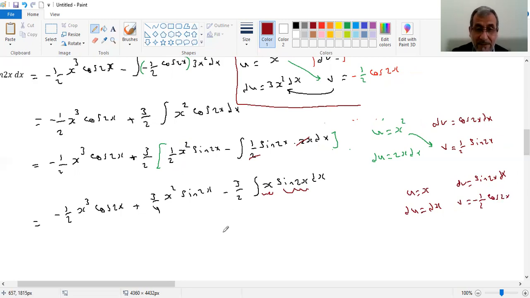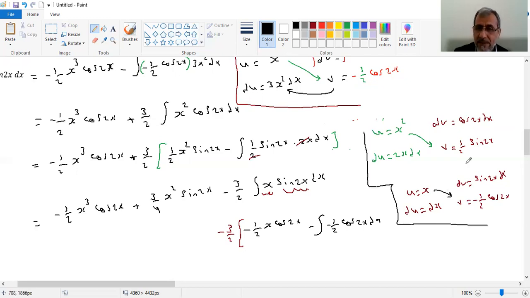Then what will be here? This one is minus 3 over 2, open parenthesis. We have uv, so it will be negative half x cosine 2x, minus the integral of v du, so negative half cosine 2x, du is dx.